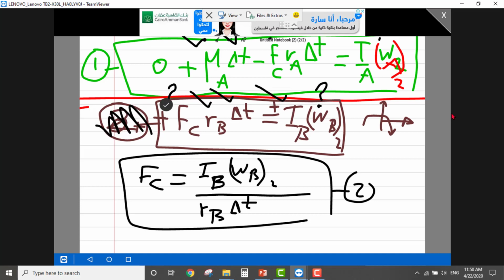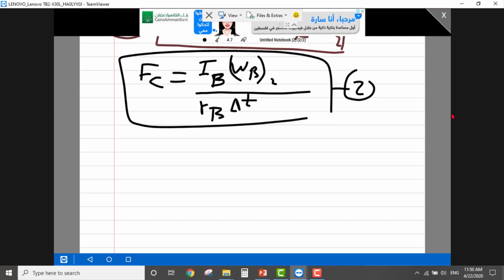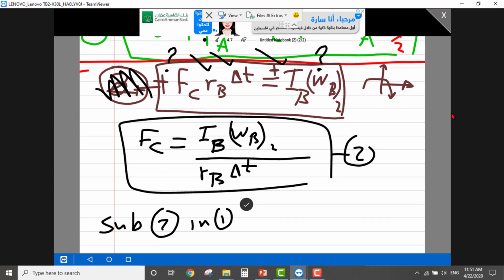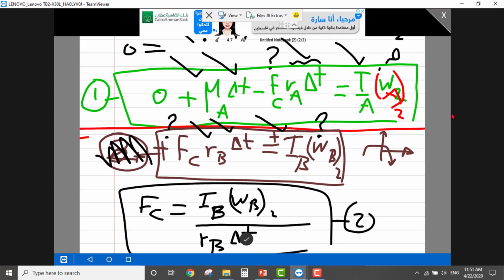Okay, now substitute 1 in 2 or 2 in 1. So substitute equation 2 in equation 1. Then what we've got?